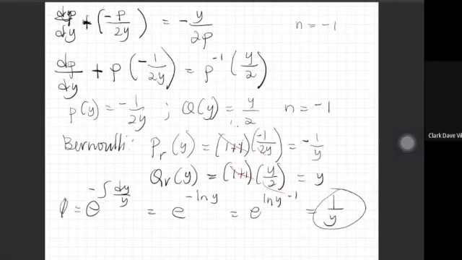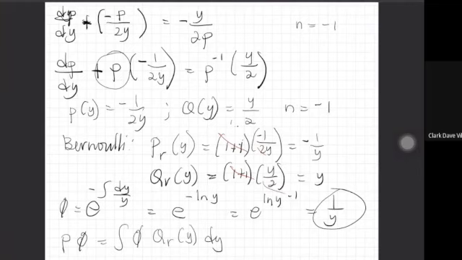That's our integrating factor. And so our next line: our dependent variable, remember, is p. So p times the integrating factor is equal to the integral of the integrating factor times the QR of y dy, plus c sub 1. Right?